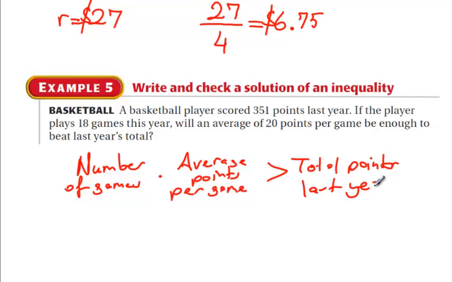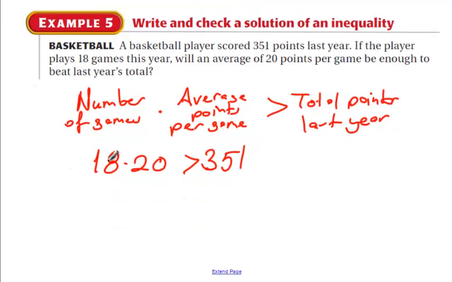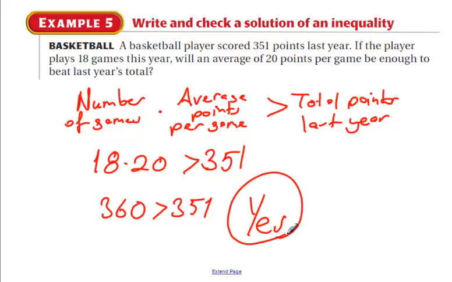So let's try to figure this out. The number of games is 18. The average is 20. Is 18 times 20 greater than 351? 18 times 20 equals 360, and I know that 360 is greater than 351. Then yes, he beats last year's total.